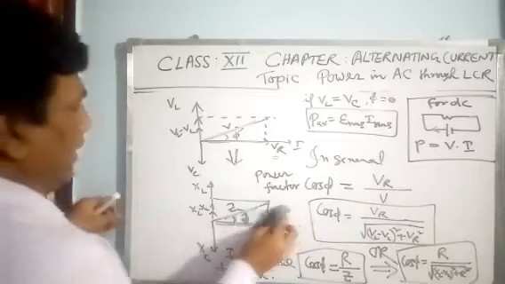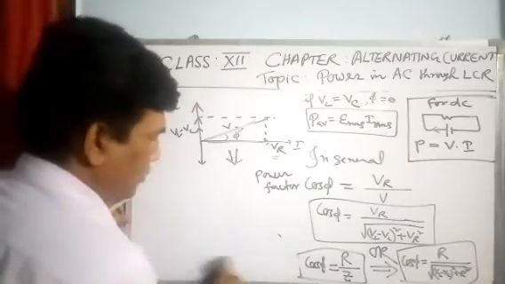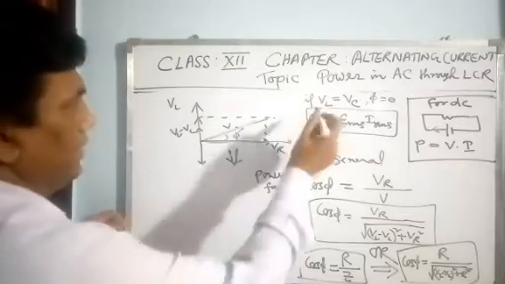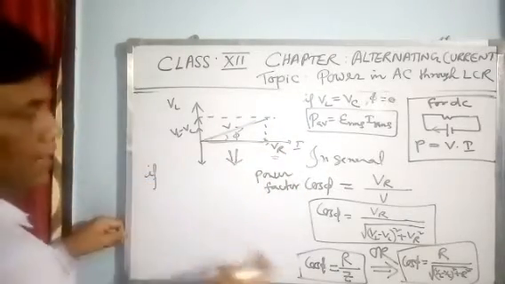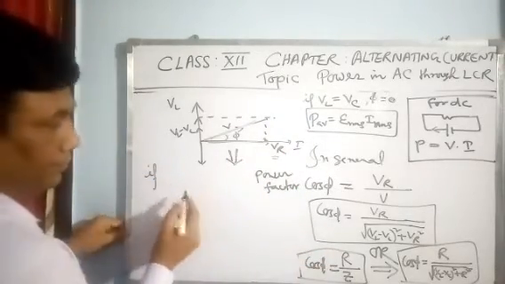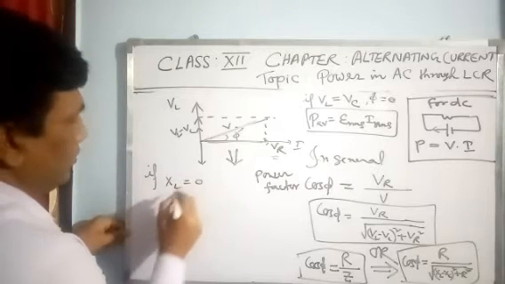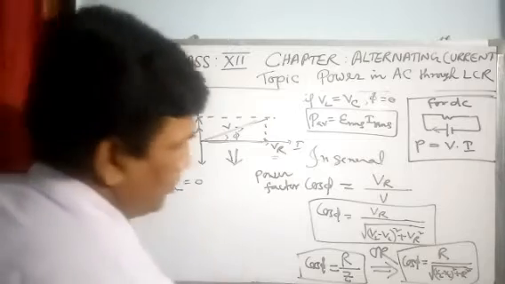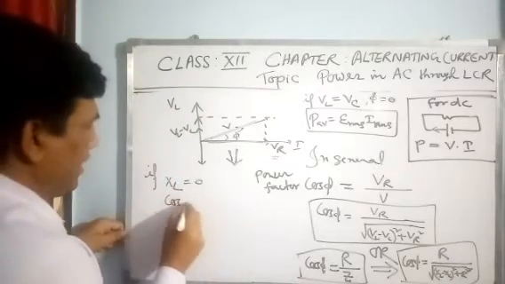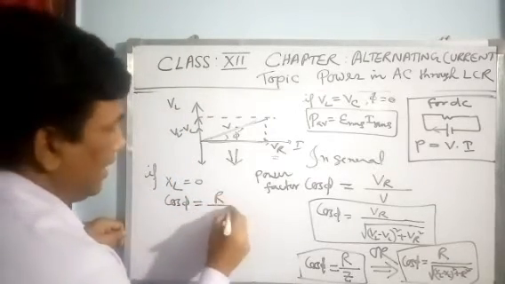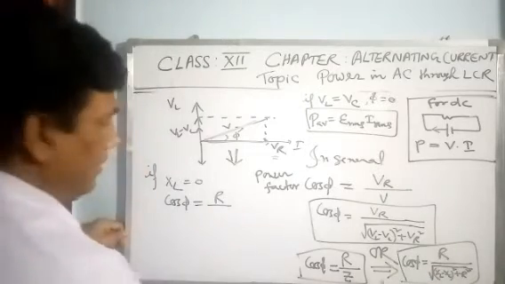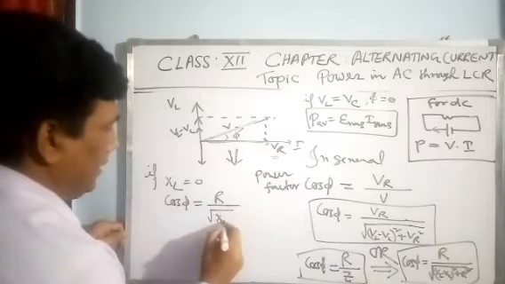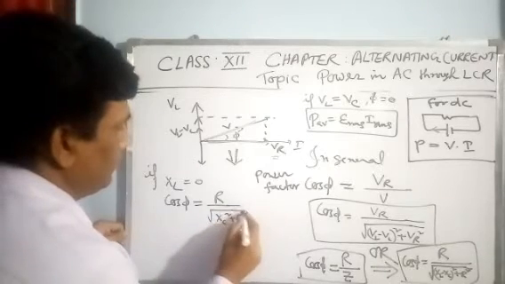Okay, guys, and then we can apply some special cases, as we have applied here. Say XL is 0. XL equal to 0 means no inductor is there, no inductive opposition is there. Then cos phi can be written as R upon, what will happen? XL will be 0, so it will become simply under root of XC square plus R square.